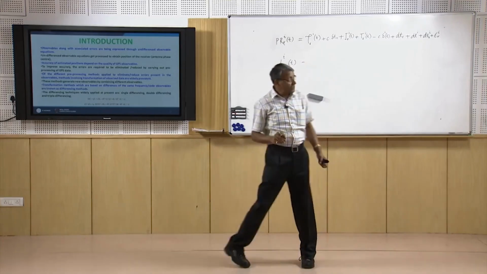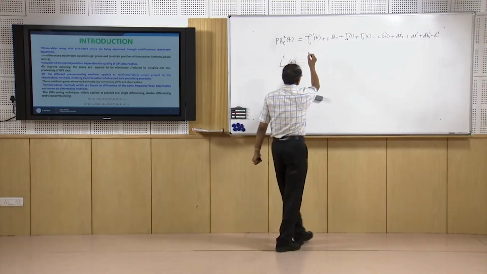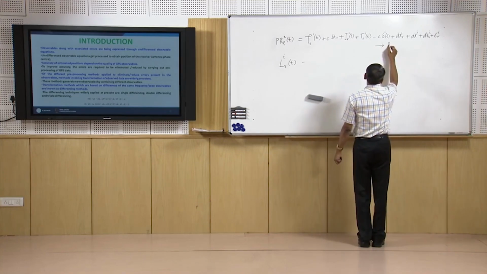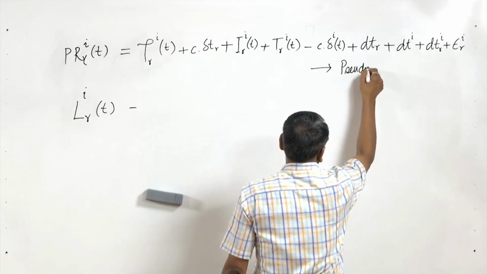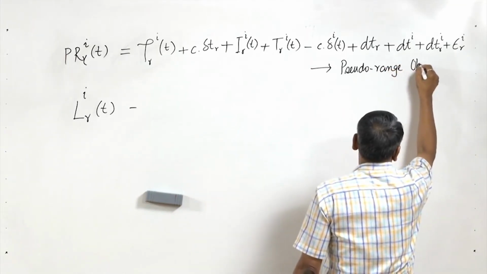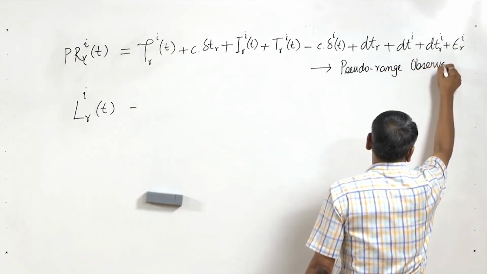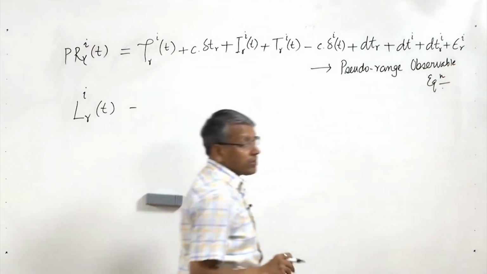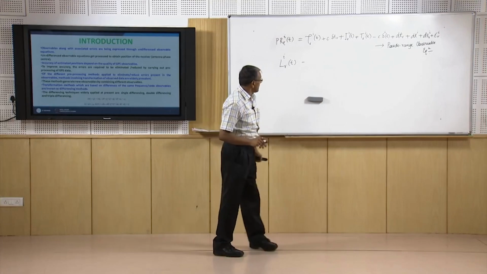Similarly, this is called the code pseudo range observable equation. This we have also learned in the last class.